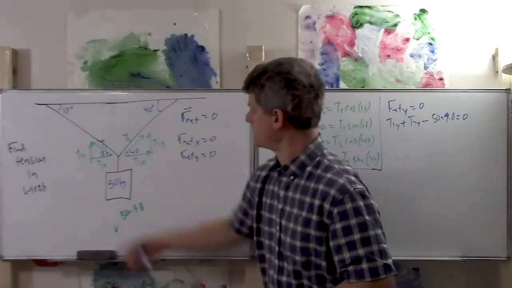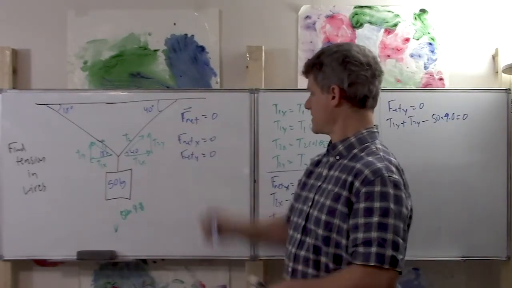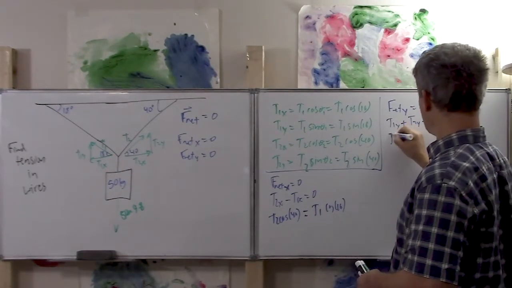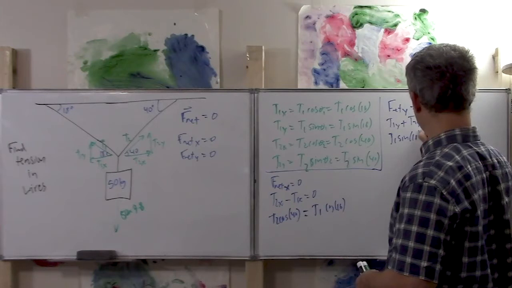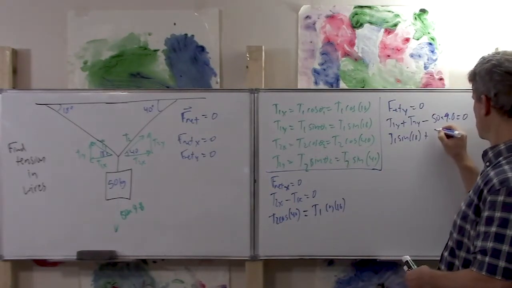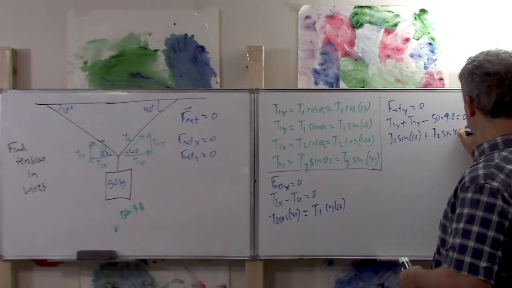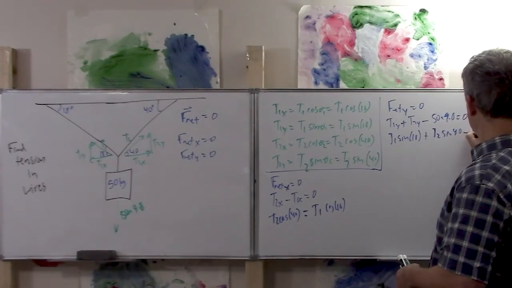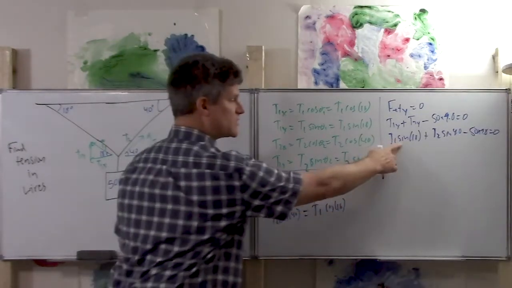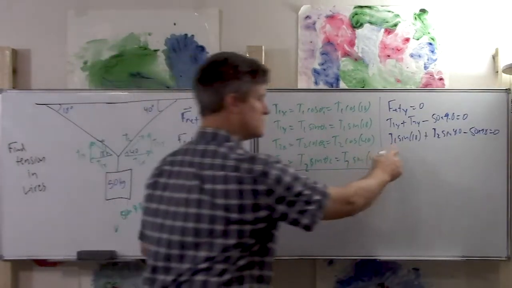If it's going to the left, it's negative. And the other ones are positive. Alright, so T1y is T1 sine of 18. T2y is T2 sine of 40. And then we have minus 50 times 9.8 equals 0. So we have another equation with two unknown variables, T1 and T2.